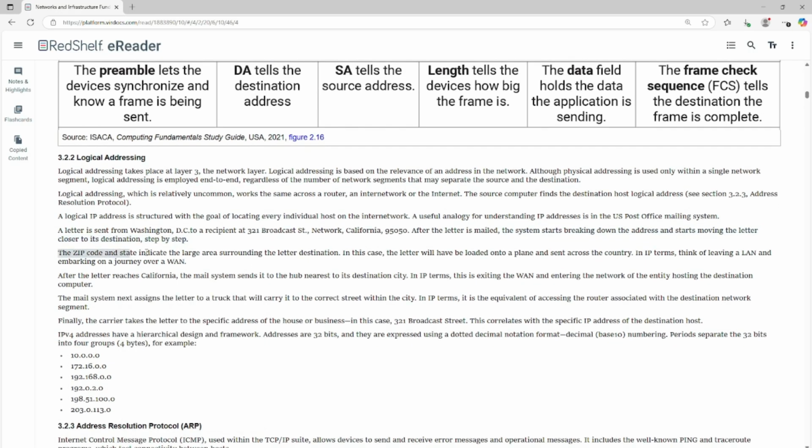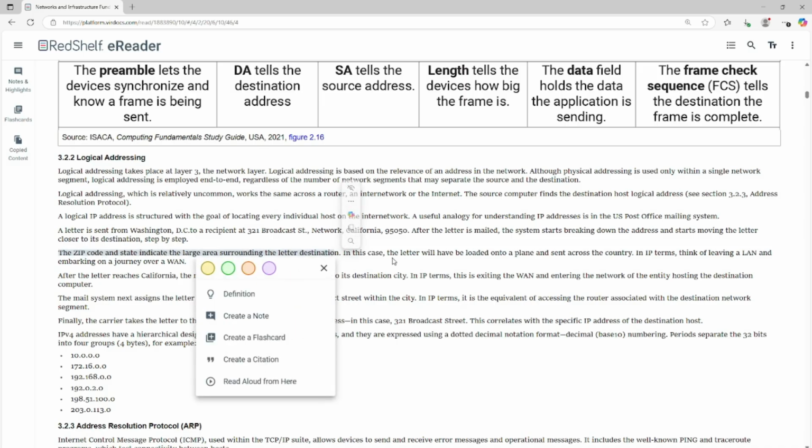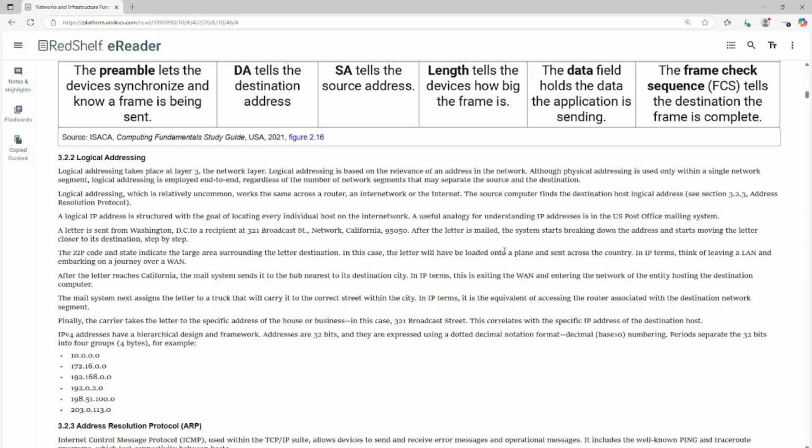It looks at the zip code and the state to indicate the large area surrounding the letter destination, and starts routing it closer to that area. In this case, the letter would have to be loaded onto a plane or a carrier if it's ground and sent across the country.